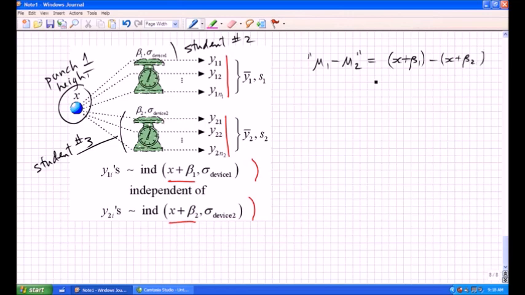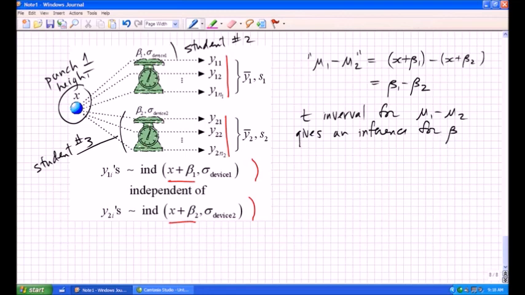Since I have the same measurand, it's just the difference in the two biases. My point is that my t-interval for mu1 minus mu2 gives an inference for the difference in the two biases.